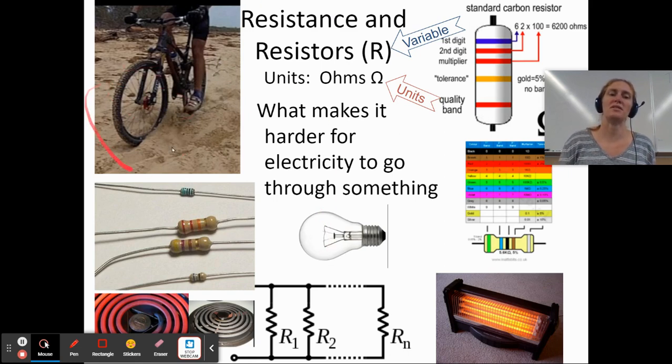So thinking about resistance again and the biking analogy, if I am riding my bike through sand, it's going to be really hard to get through versus if I'm riding my bike on concrete or asphalt, where it'd be really easy to ride my bike on the road. So that resistance is just making it harder for the electricity to get through.